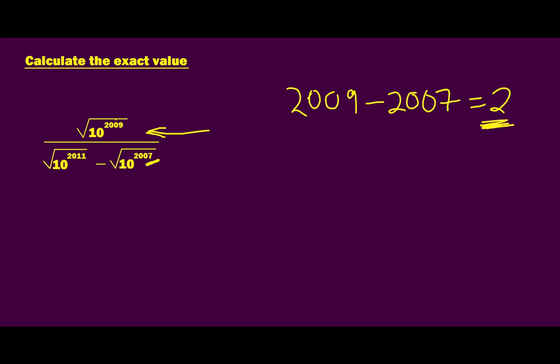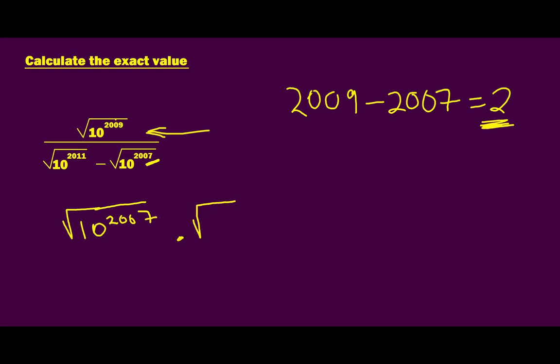Then from here we're going to use this value as our new exponent, taking out the factor among these terms, including both the numerator and the denominator. So in the first numerator we have square root of 10 to exponent 2007, right?